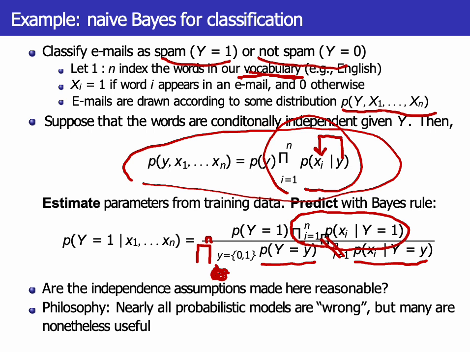So using this Bayes rule, if you want to classify whether your emails are spam or not, using these conditionally independent models, maybe nearly all probabilistic models are wrong, but still you can classify and exclude many spam mails. So that makes this Bayes rule useful.